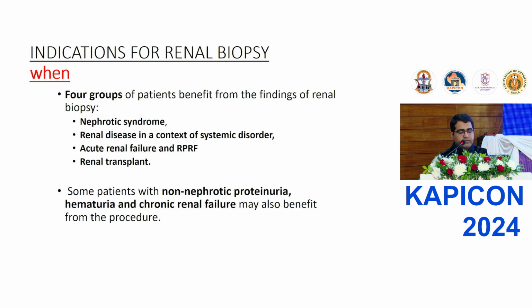And in chronic renal failure, as I already told, for any patient going for a kidney transplant, we always want to know the underlying pathology, what the patient was suffering from, because the recurrence rate of the underlying chronic glomerulonephritis post-transplant is high.